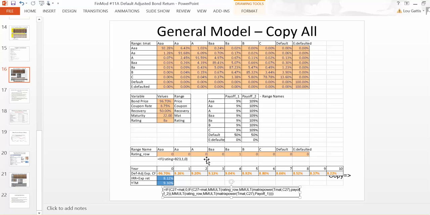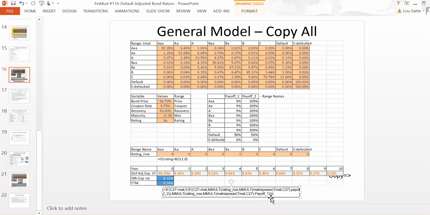In other words, if it's matured, the cash flow is 0. Else, if this 5 is equal to this value, in other words, if it's a 5-year bond and this is year 5, then the cash flow is as an M mult.